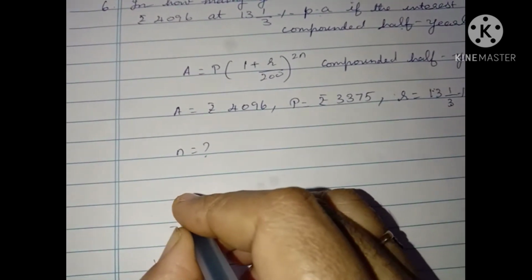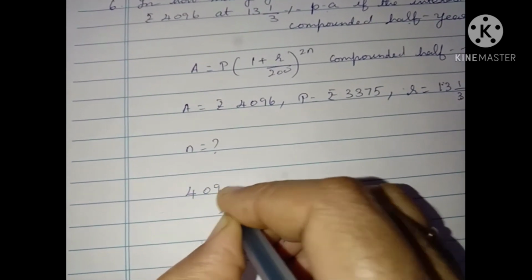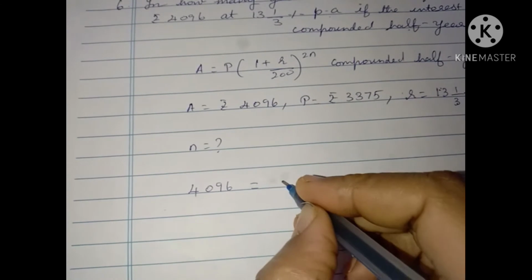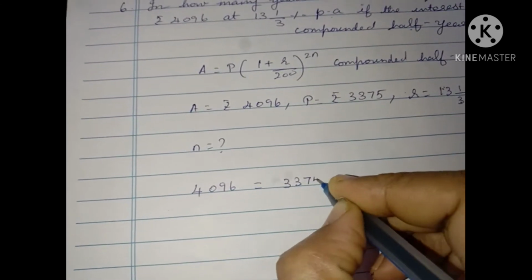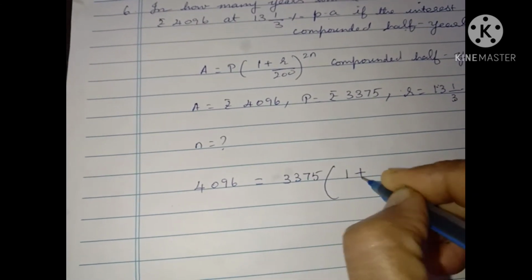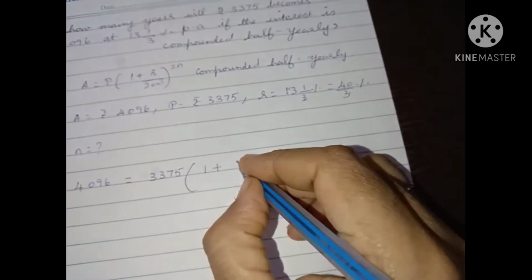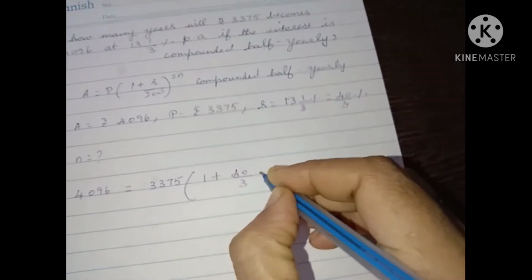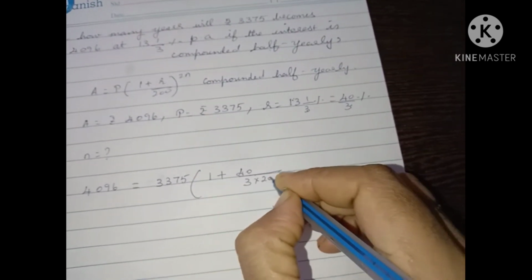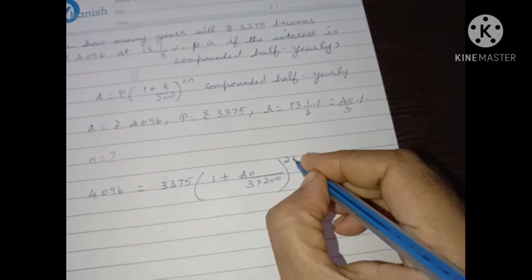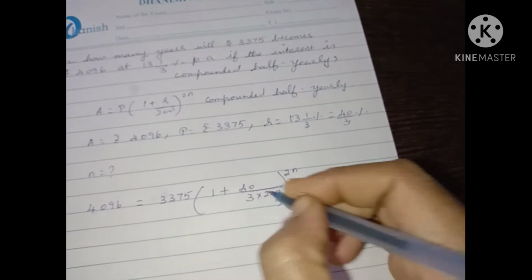A value is 4096 is equal to 3375 into 1 plus R value, 40/3 into 200, the whole power 2n. Here the zeros cancel.